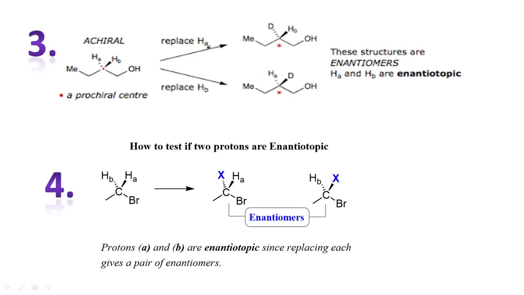Now the third example, as you can see there are two hydrogens in the middle. These hydrogens are different actually, one is present above the plane of paper and one is below the plane of paper.